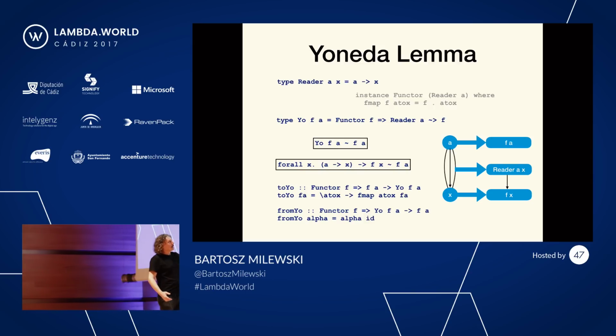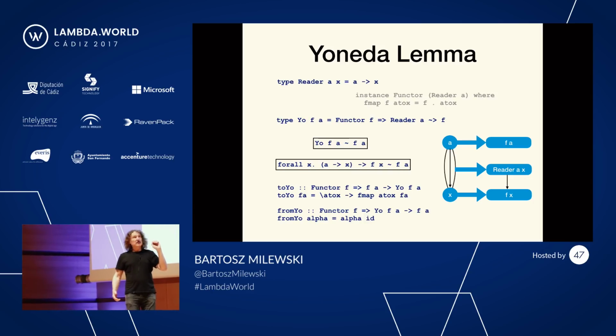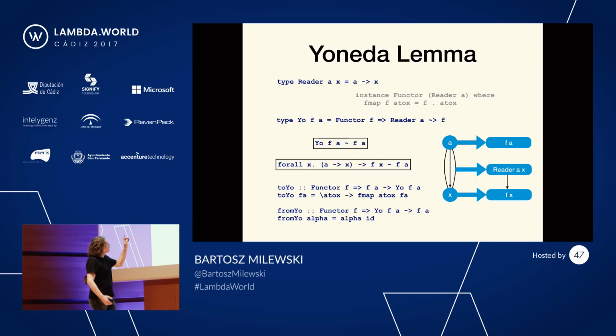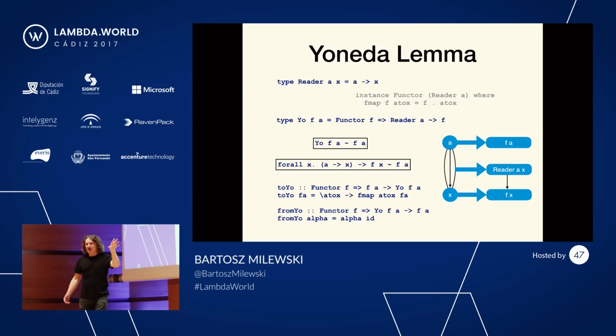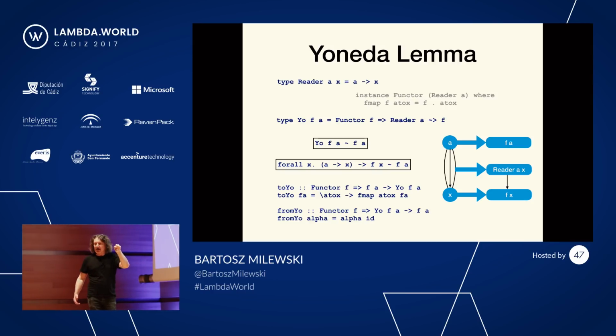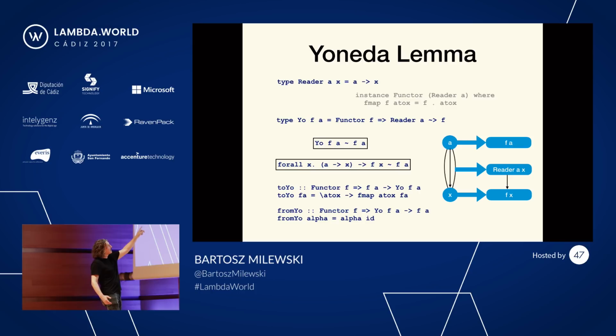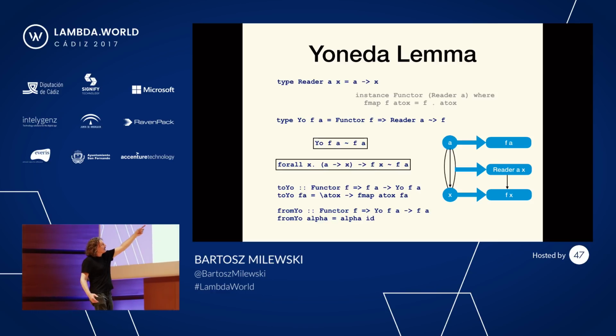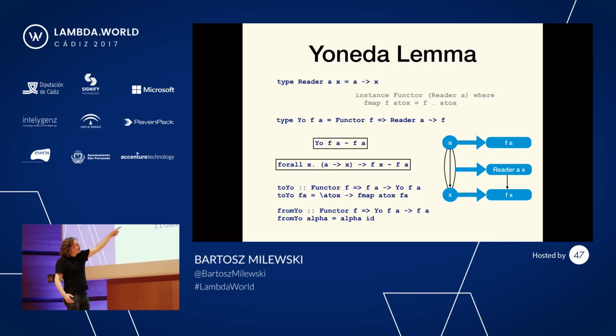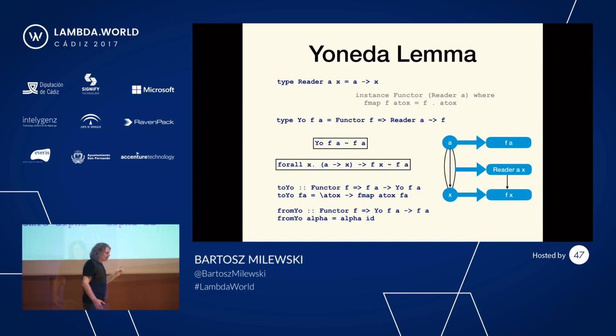The set of these natural transformations is equivalent to the value of this functor at the object A. Okay? And here below it's written as a natural transformation. Natural transformations for all x. This is the reader of x. This is fx. And this is equivalent to f of a.